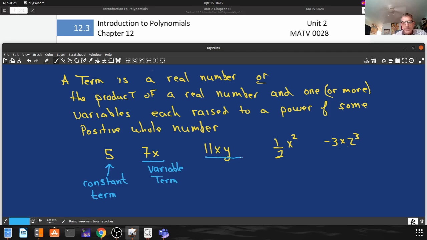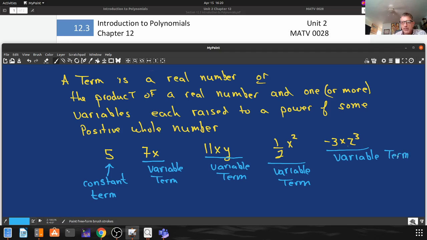And 11 times xy is called a variable term. And so is 1/2 times x squared. That is also a variable term. And you guessed it, so is this last one. This is also a variable term.